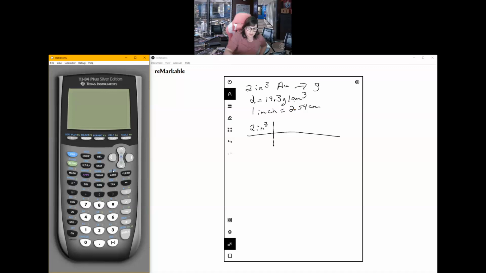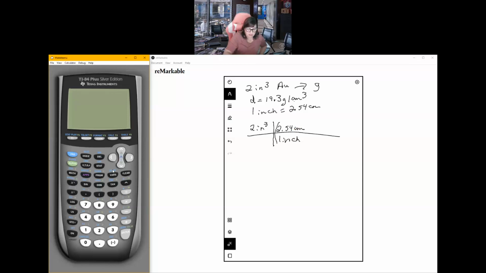Now, I'm setting up this math: 2 inches cubed. I know that's what I have. I know that 1 inch is 2.54 centimeters, because that's what they tell me right here. So I put the inches on the bottom, the 2.54 centimeters on the top.